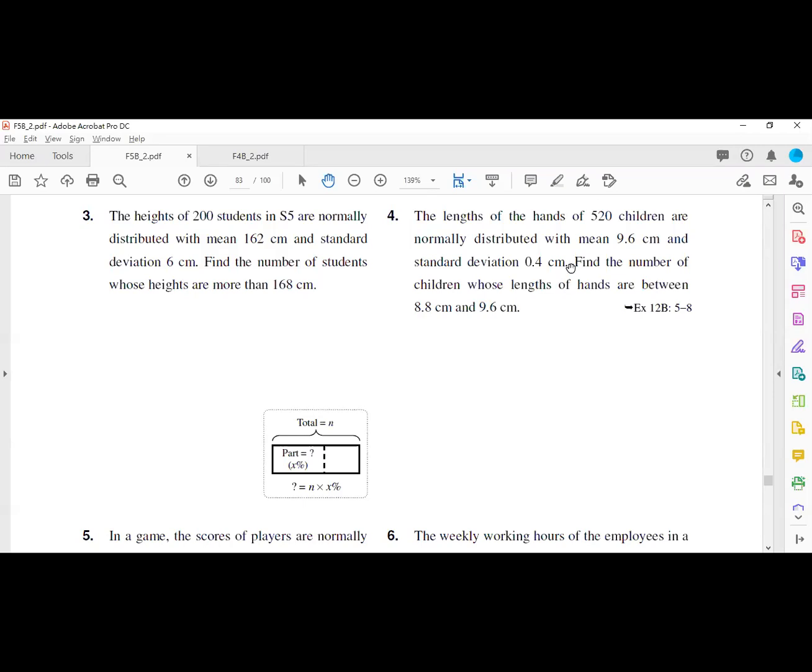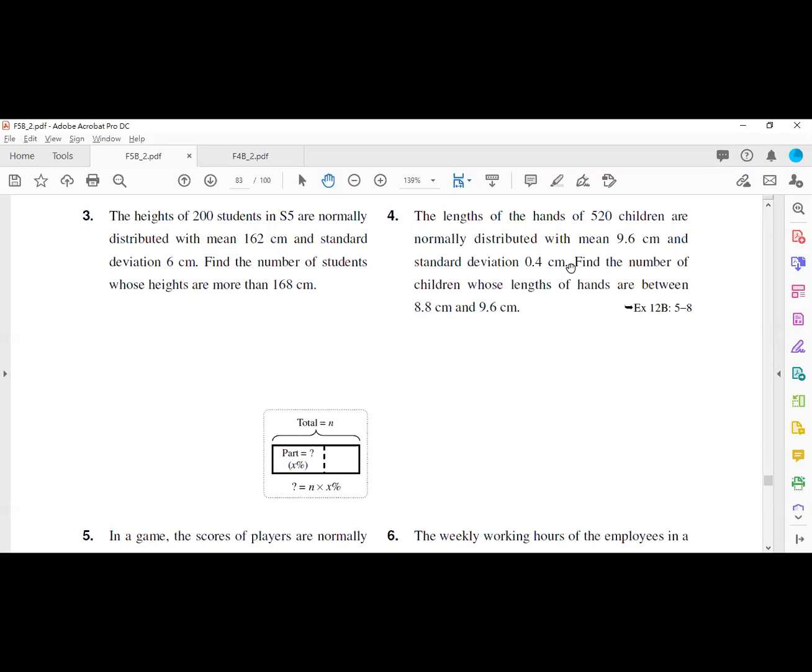Well, in fact, we are still doing this type of drawing graph and finding percentage problem. But sometimes the question will not just ask us to find a percentage. It will give us the total number of data and then ask us to find the number of data which is lying within the range.